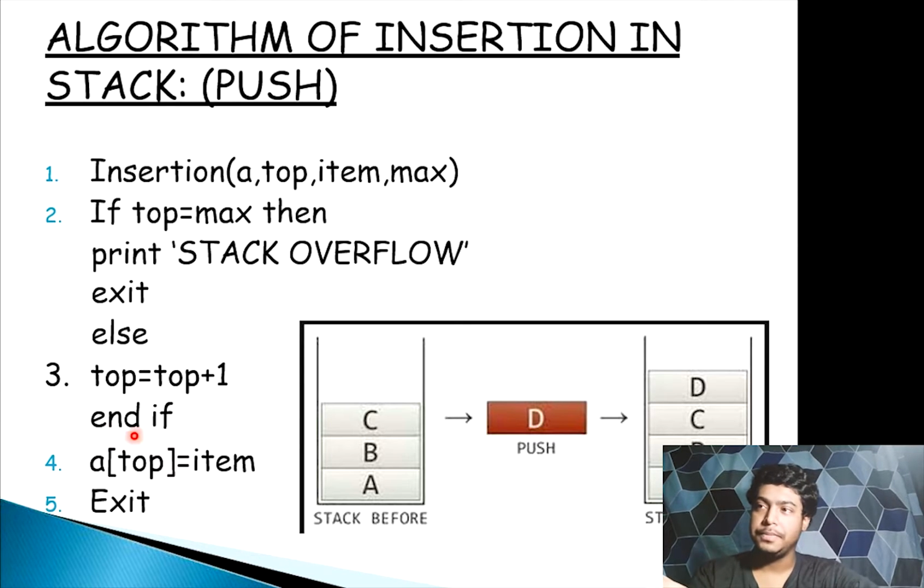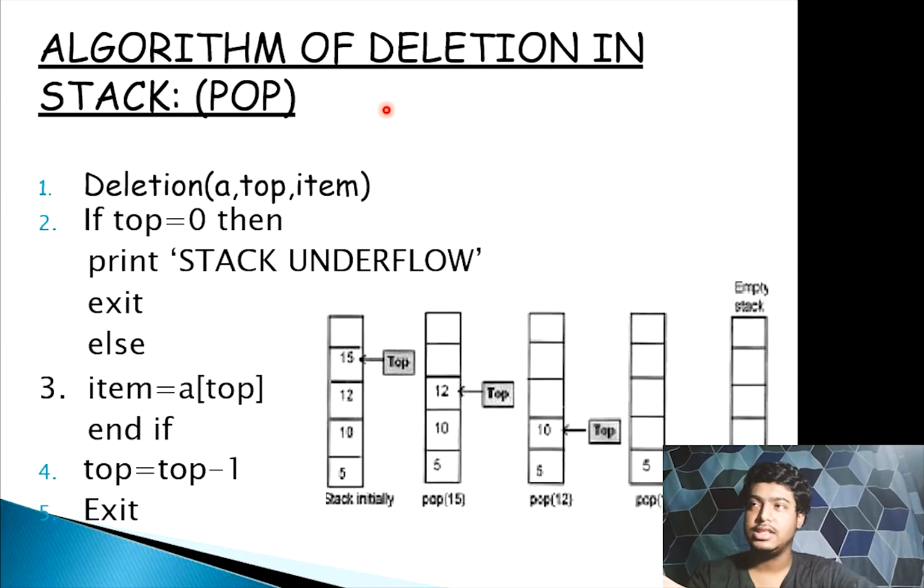After incrementing the top, in the fourth line we see in this stack a, in the position of top, that means where the pointer is pointing, we add the element which we want to add. In this case this is d. So now d gets added to this point of stack and we exit the program. That's it for the algorithm of insertion or pushing operation in a stack.